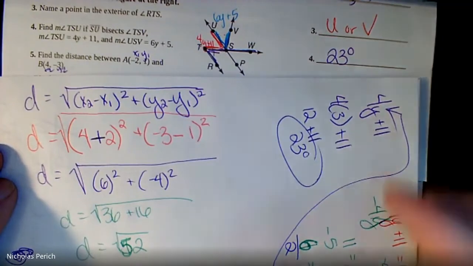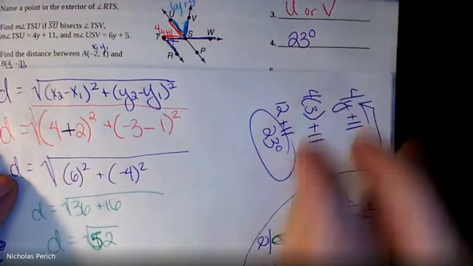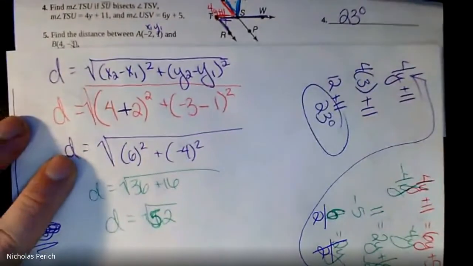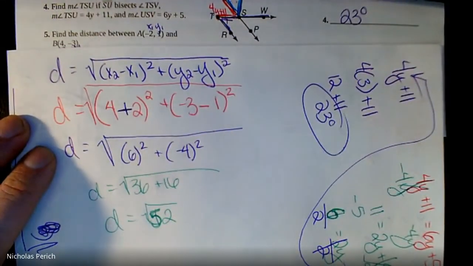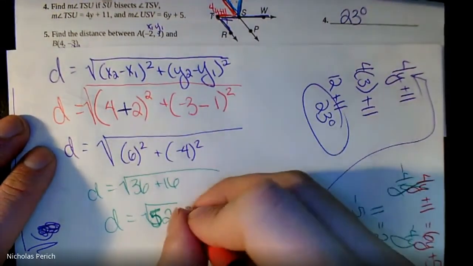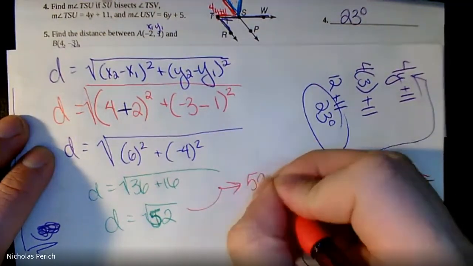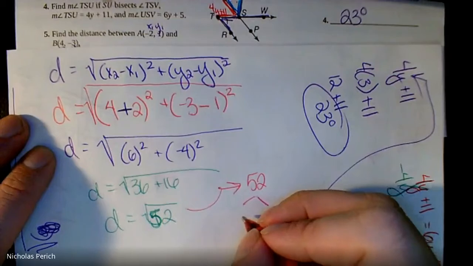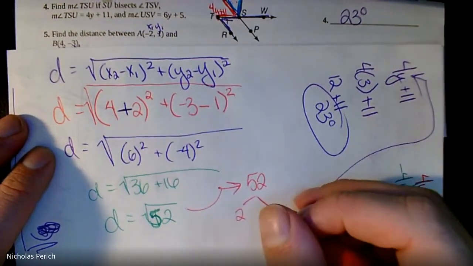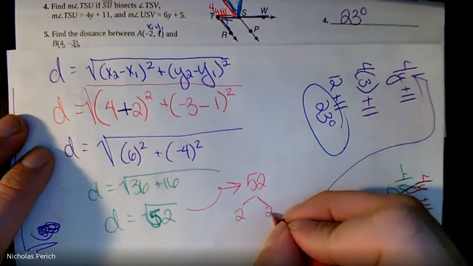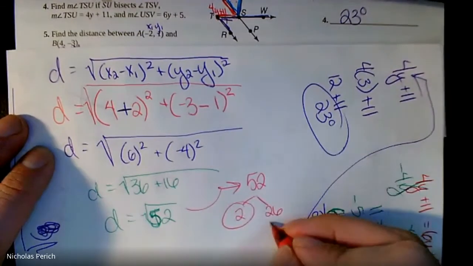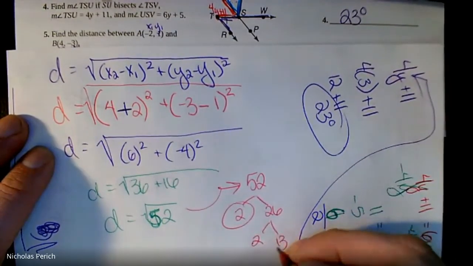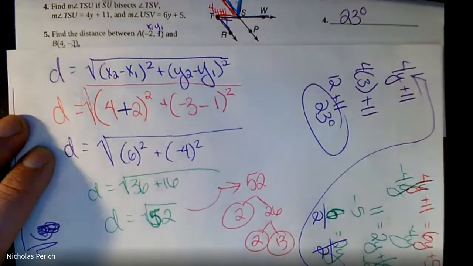I know what you're thinking. I'm so glad that we're done. Oh, but we're not. Plug it into your calculator? No! Make a factor tree. I could do 2 and 26. I could do 2 and 13.